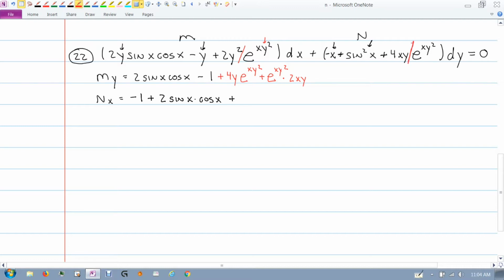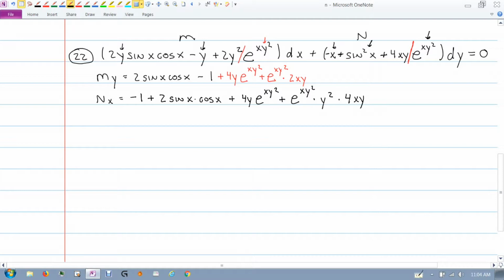So we do derivative with respect to x of 4xy, which is 4y, times e to the xy squared, and then plus derivative of e to the xy squared is this, times derivative of what's up here with respect to x, which is just y squared, and then times the original function 4xy.